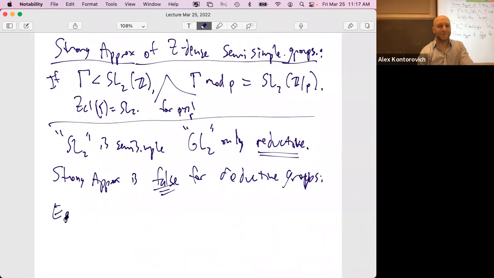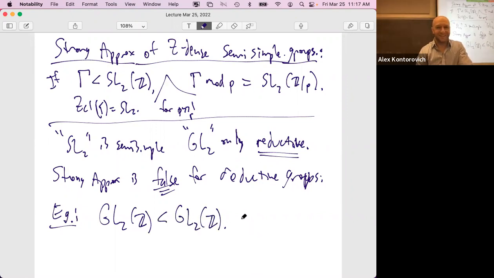For example, if I take GL2Z itself, GL2Z is obviously a Zariski dense subgroup of GL2, and the Zariski closure of GL2Z is GL2. The only polynomials that vanish on GL2Z vanish on everything, I mean, this is just complete triviality.